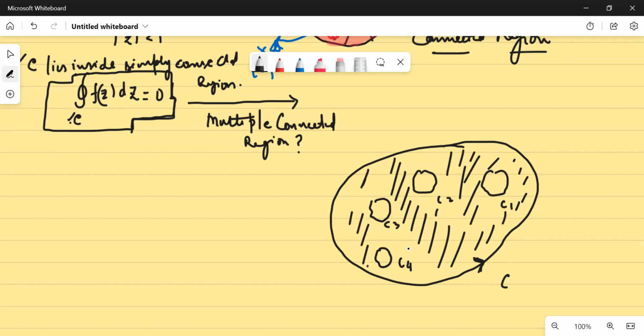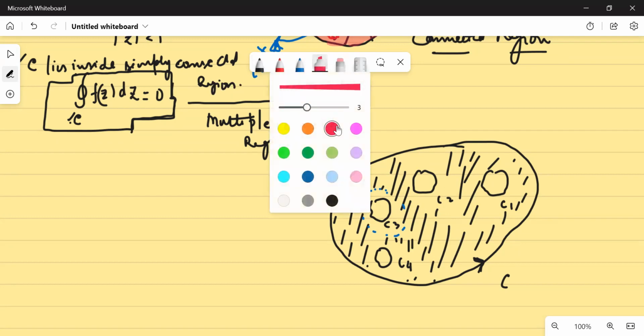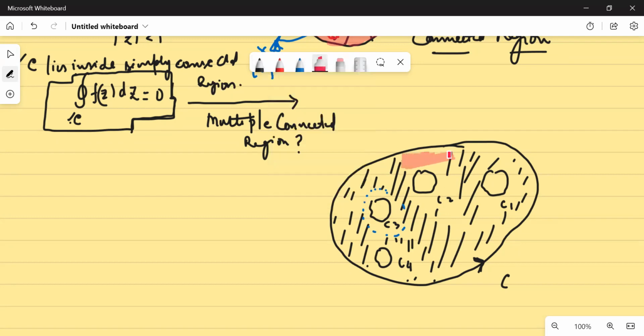Why? Because not every closed curve inside this region would converge in this region. So for example, if I make some curve around this particular C3, and if I try to shrink this curve, I will get into C3, and any point inside C3 does not lie in the black shaded region. So this region which I'm shading in red is your multiply connected region.